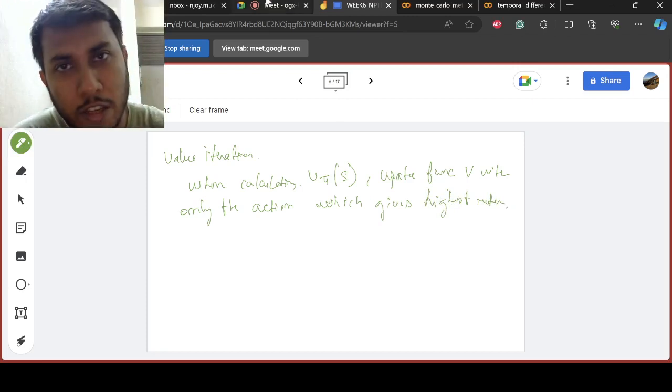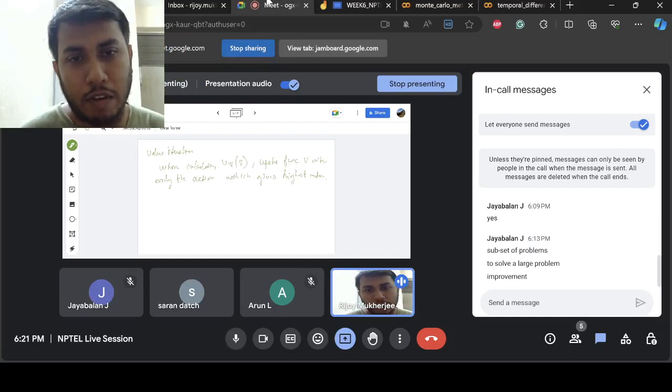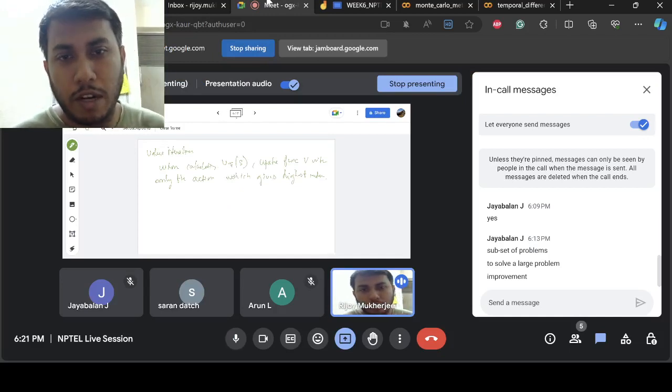So while previously you were considering all the state-action pair bundles, now you don't. Now you are selecting only the one which has the highest return.